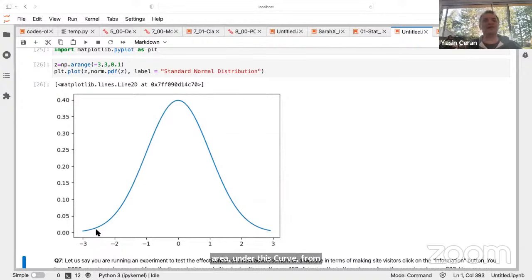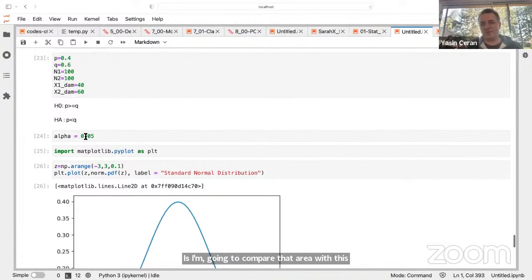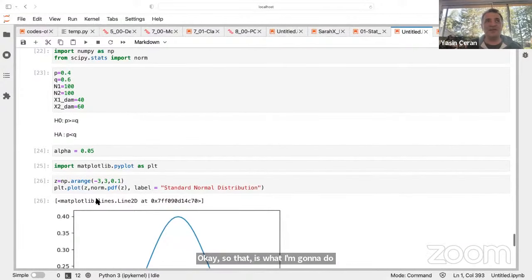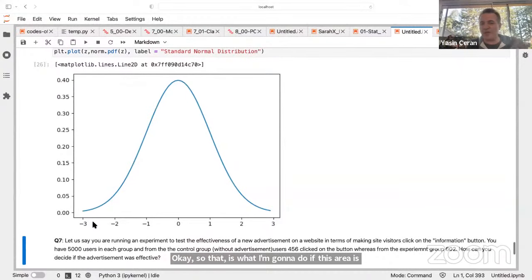Later on, I'm going to compare that area with this alpha value. If this area is smaller than this alpha value, then the value that I used, -2.8, is a number which is very rare to occur.